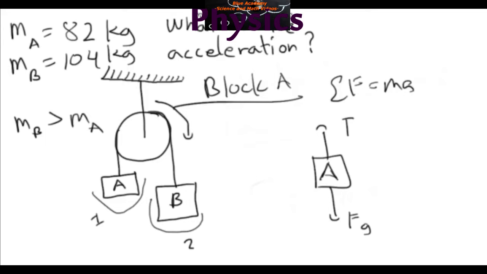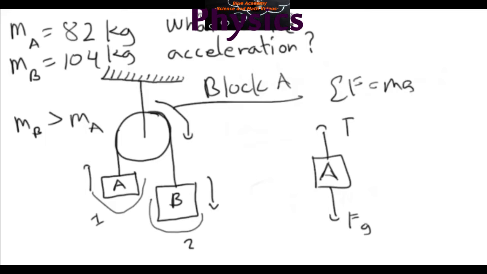In that case, block A is going upwards and block B is going downwards. So block B is pulling block A towards it.